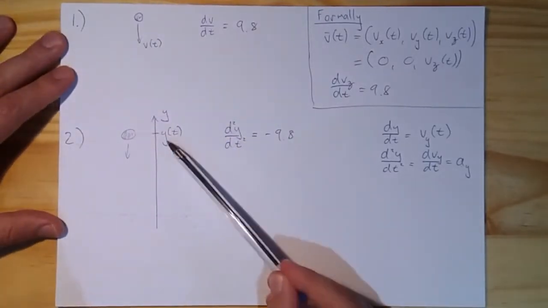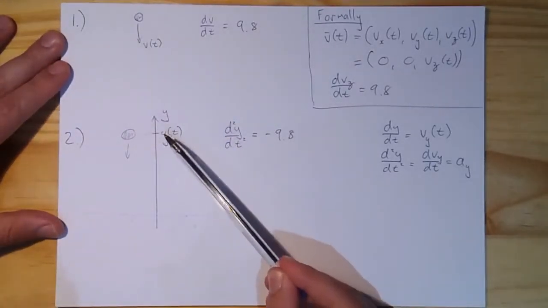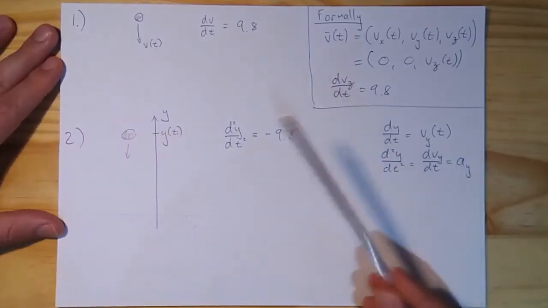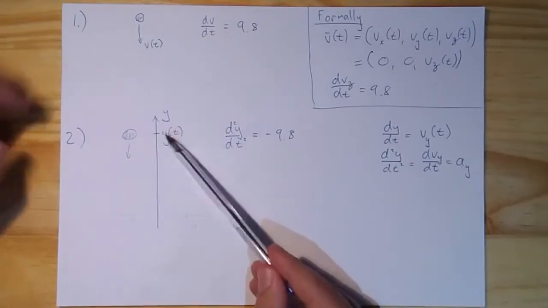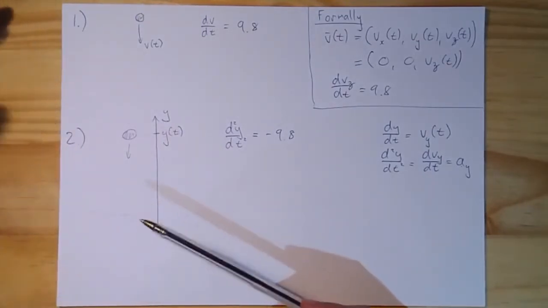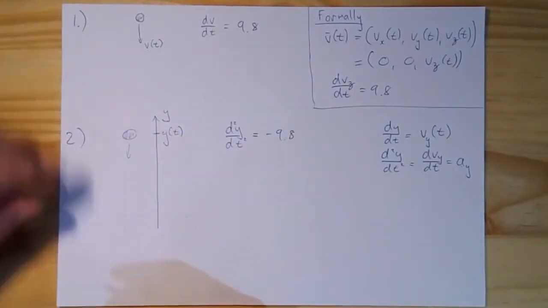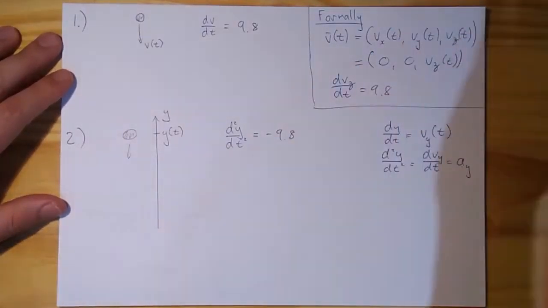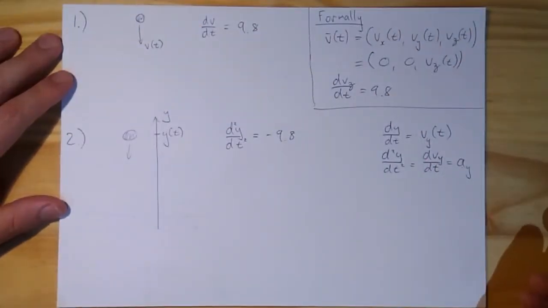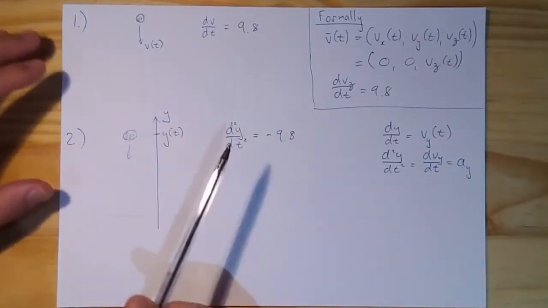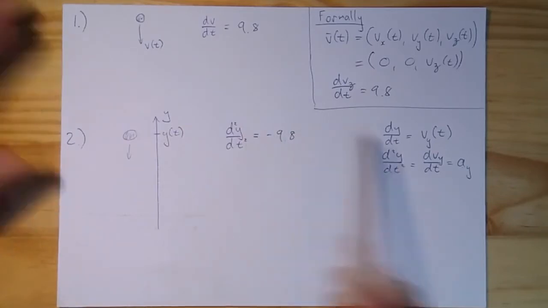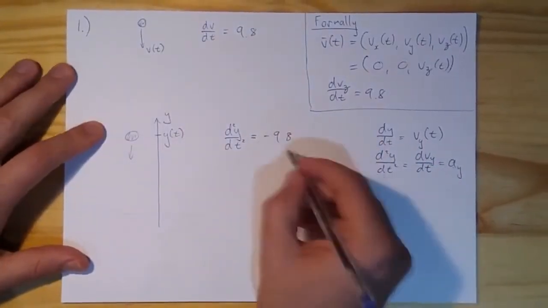As it's falling, y is decreasing, so the y component of the velocity, the derivative of y, is negative, and it's becoming more negative as it's falling, so the velocity is decreasing, so the derivative of the velocity, the acceleration, is negative. Or you could just reason, well, it's accelerating downwards in the negative y direction, so acceleration is negative. Anyway, so there we go.